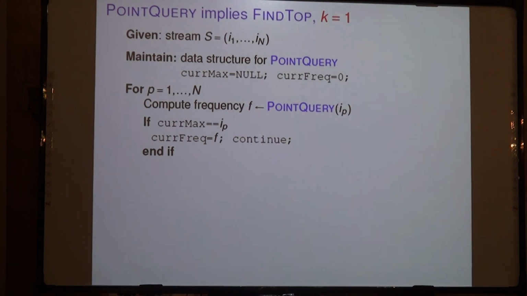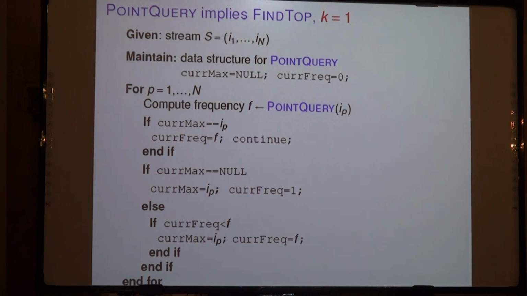Then I check: if this item is what I'm currently storing, its count only increased, so I'll update the count and continue. Otherwise, if I was storing nothing, I'll store this item. And if what I was storing so far is less frequent than the item that just arrived, I'll store my item i with its count. It's really saying a very simple thing.